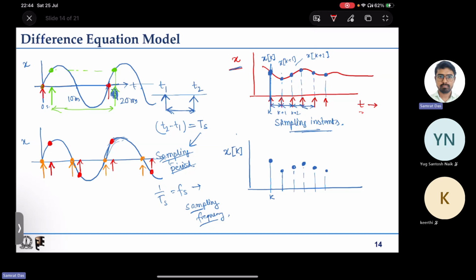But still we do not know that the signal is actually a sinusoidal signal. We have no information about that, because even if your signal could be this also. Say your actual signal is this. If you sample the black signal, or if you sample the blue signal, there is no difference.